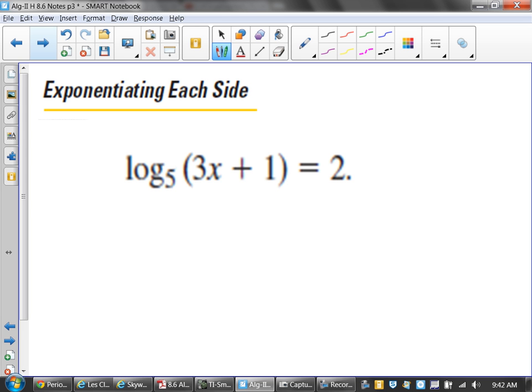Careful. Think about your properties, guys. Think about the properties of logarithms. Log base b of b to the x is x, right? I mean 1. Okay. And what about b to the log base b of x? What does that equal?